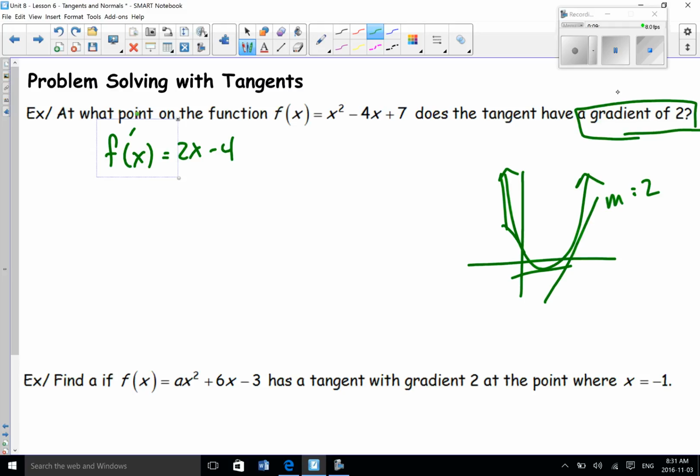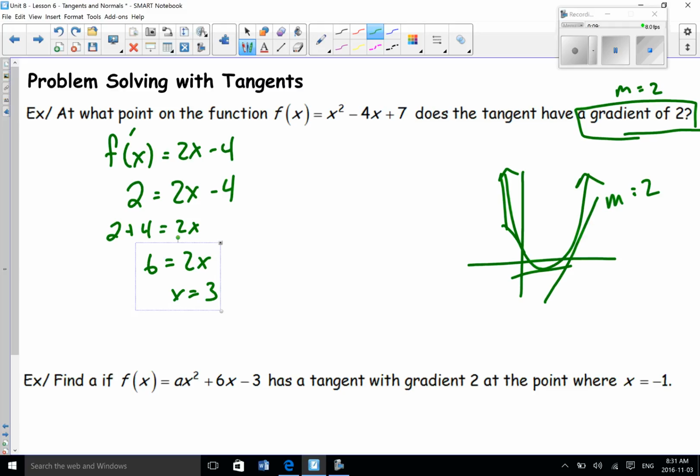So I can put in an answer of 2 and solve for the x. So 2 plus 4 equals 2x. 6 equals 2x. X is 3. I get a slope of 2 when x is 3. Now to ask you for the point, how do I find points?